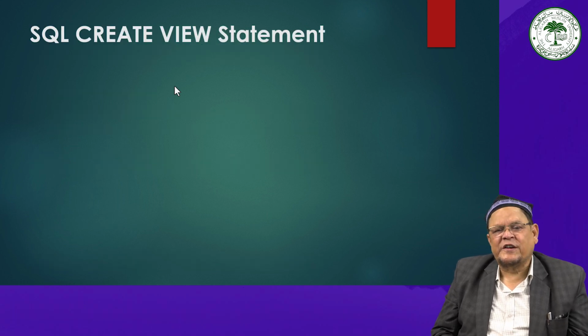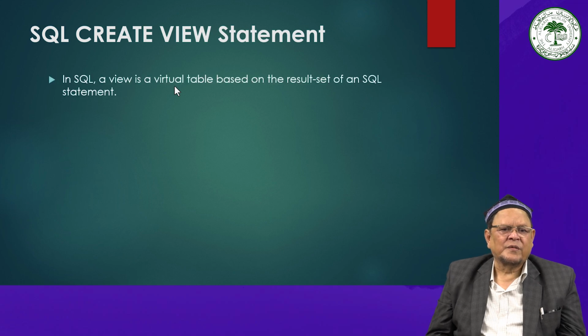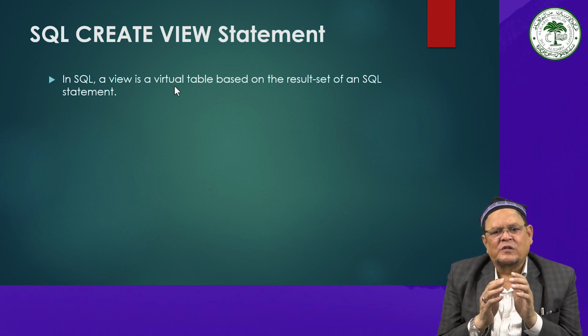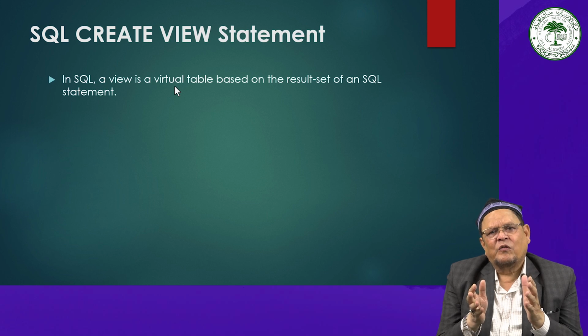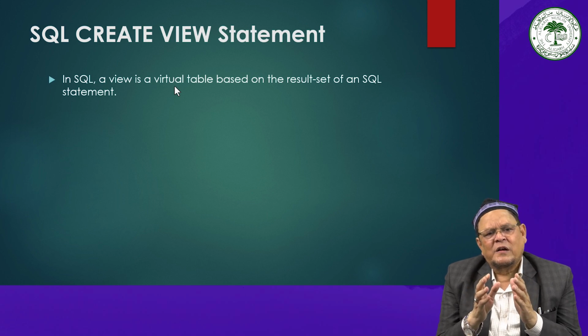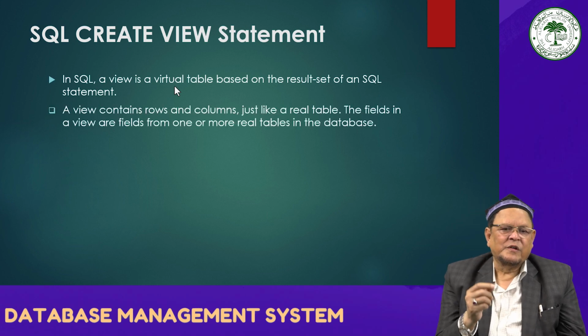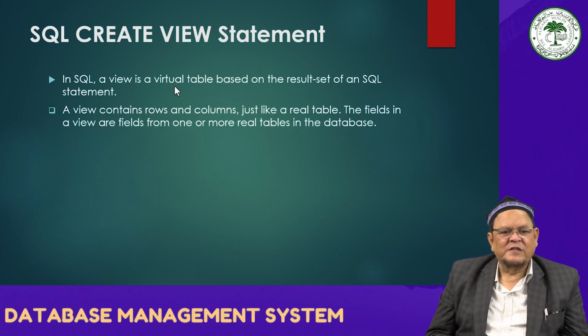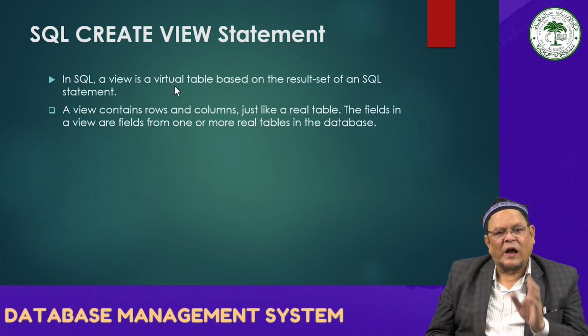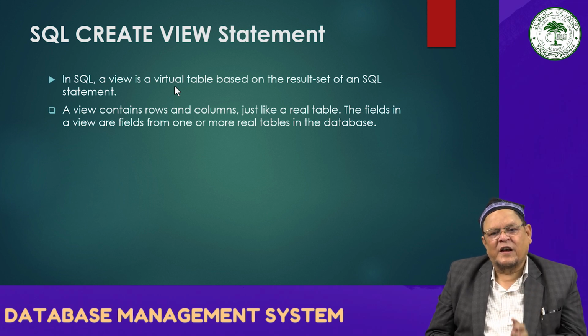SQL create view statement. In structured query language, a view is a virtual table based on the result set of an SQL statement. Depending on the requirement for the query, you make a virtual table. This is called a view. A view contains rows and columns just like a real table.